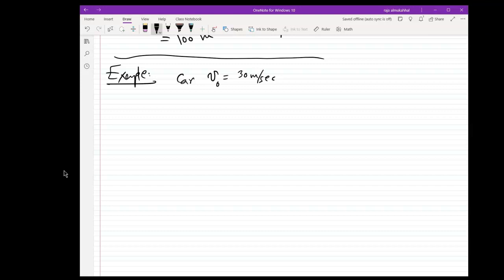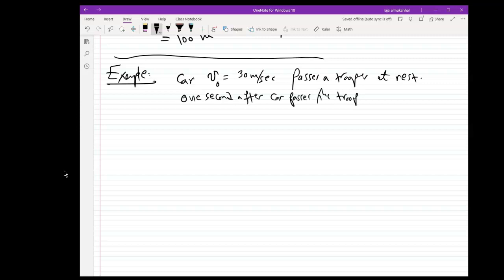So it's pretty high. So we have a car traveling at the speed of 30 meters per second, passes a trooper at rest. The trooper is at rest. One second after the car passes, the trooper, which means police, right?